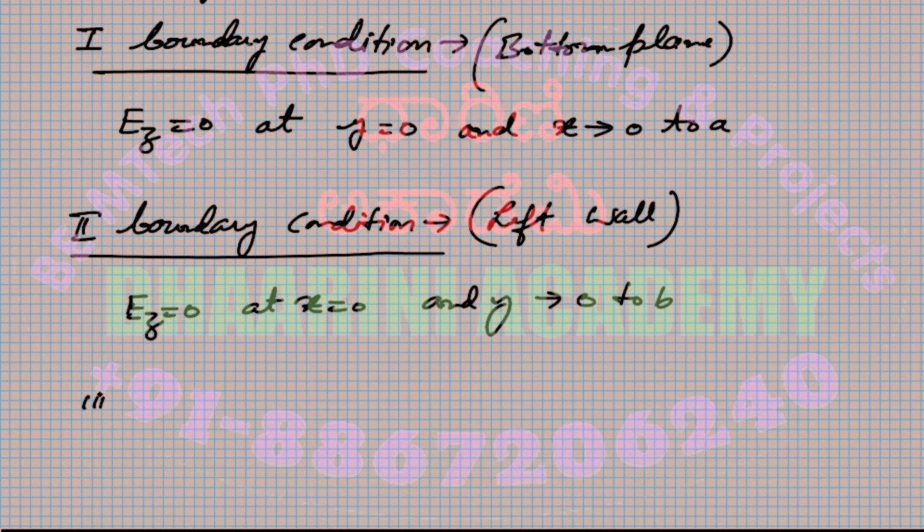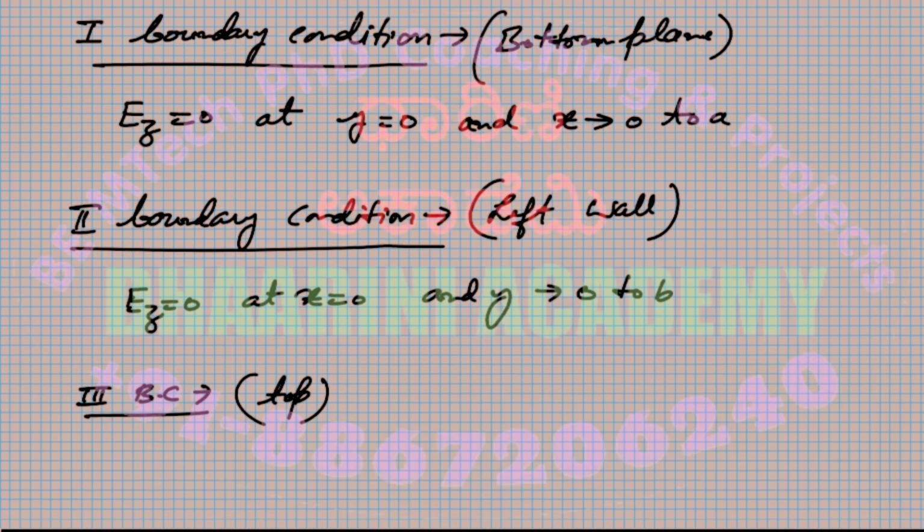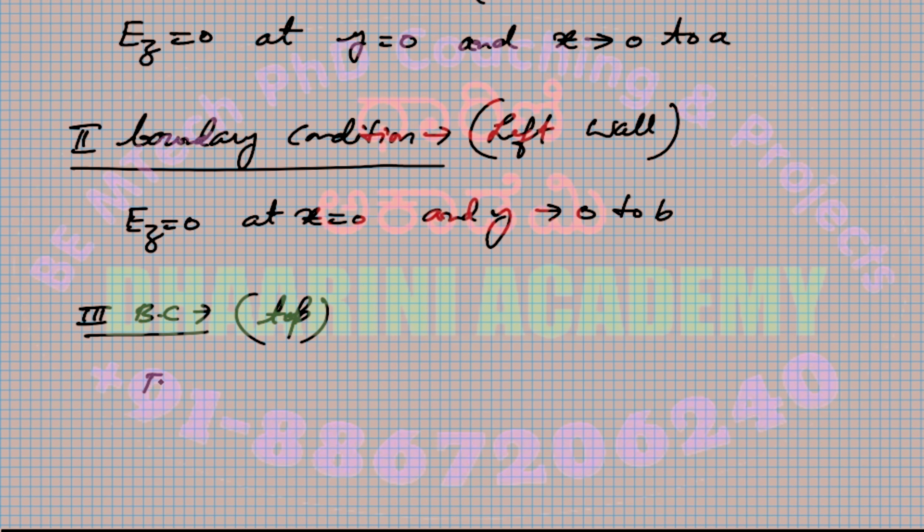Now let's go ahead. I want you to tell me the third boundary condition. I want to go for the top. Let's go one by one: from bottom, left, then top. Now you tell me again. I know that in this Ez is obviously 0. Y will not vary; it is from 0 to b, can you check? Yes, perfect. So y is equal to b and x varies from 0 to a.